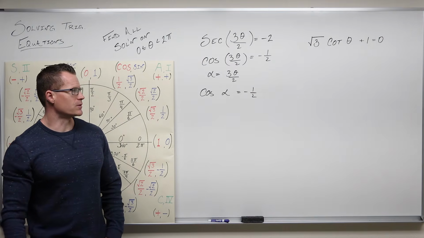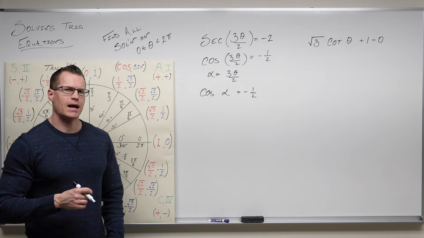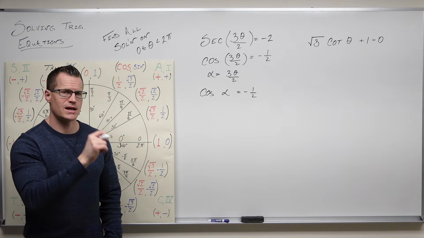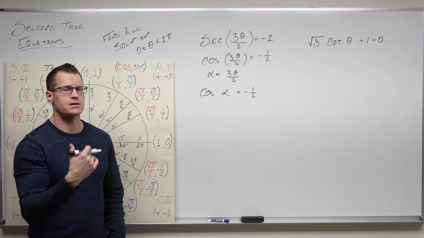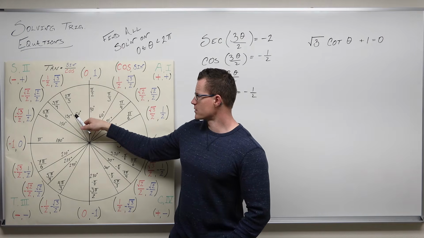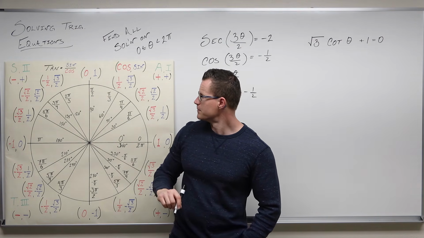So cosine alpha, just letting alpha equal that weird angle in there, equals negative 1/2. This asks, since cosine is related to the x-coordinate, what angle gives me an x-coordinate of negative 1/2? We've done this a couple times already. That's going to be, well, let's see, 2 pi over 3 and 4 pi over 3.